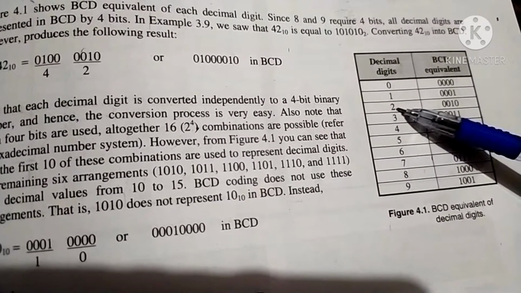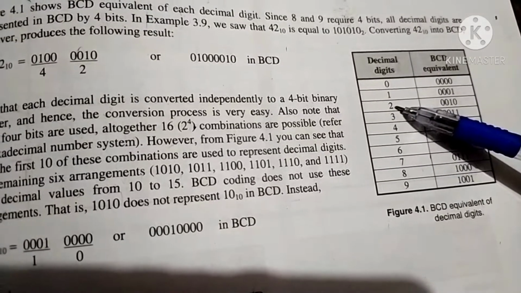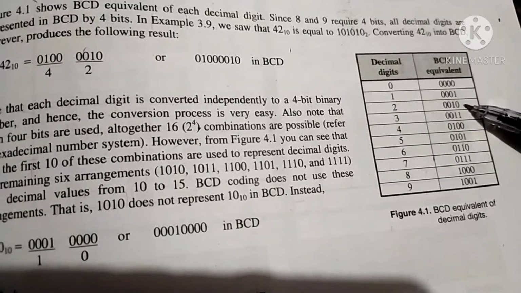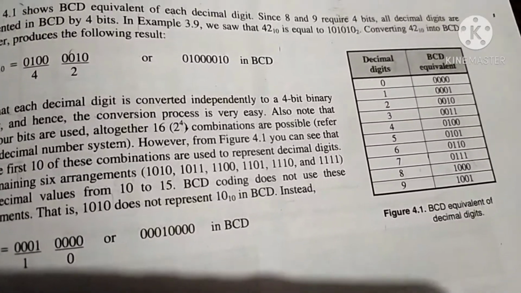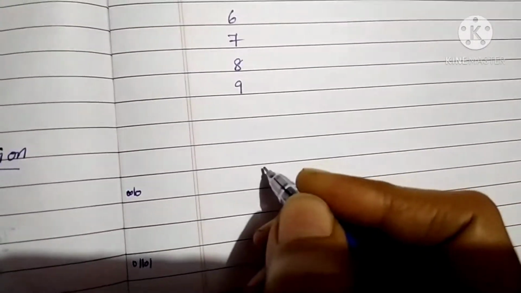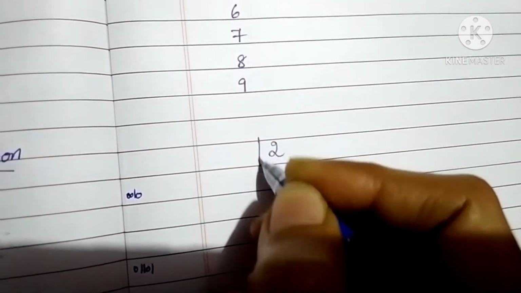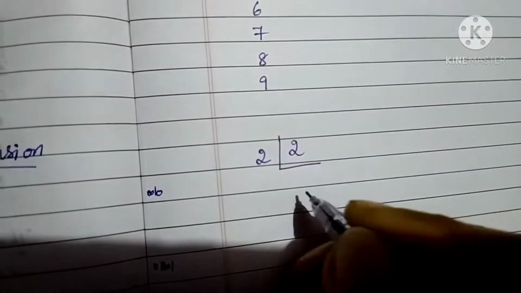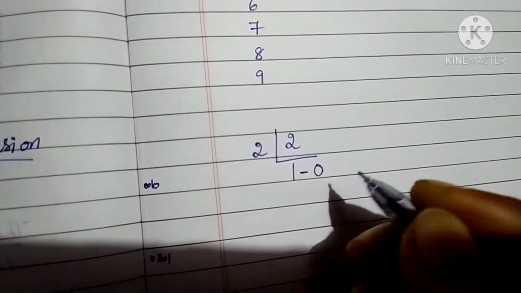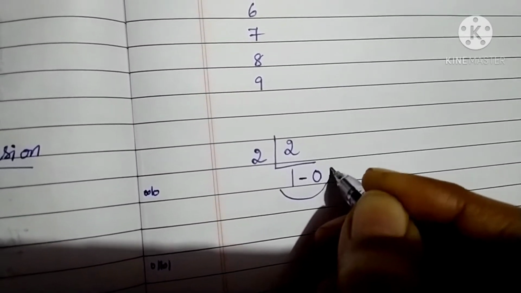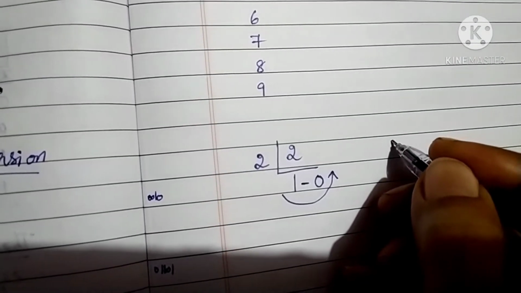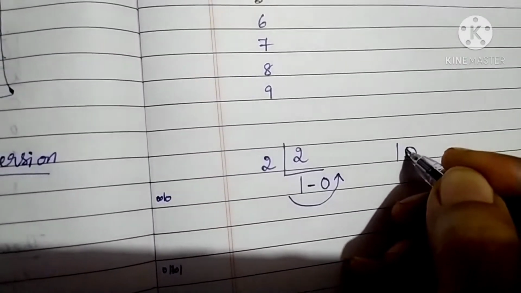If you divide the number 2 by 2, you will get a set of remainders in binary. For example, if you divide 2 by 2, 2 ones are 2, the remainder would be 0. So if we go in reverse order, we write it as 1 0.